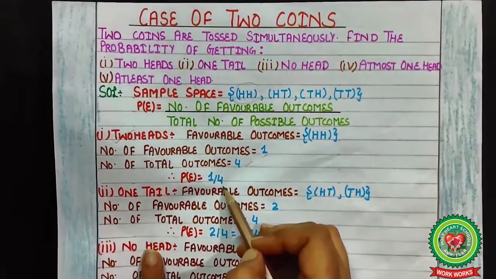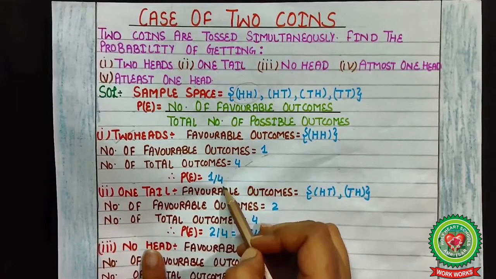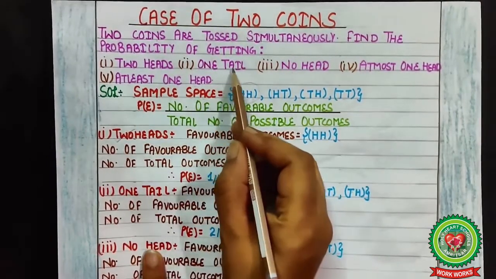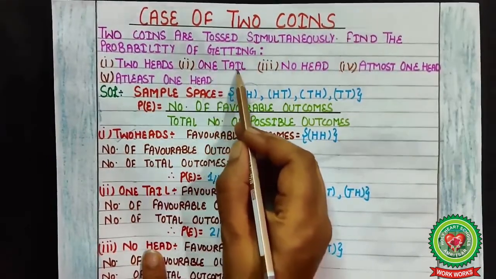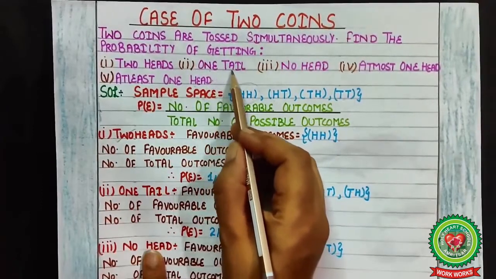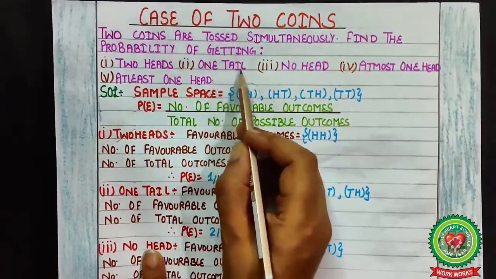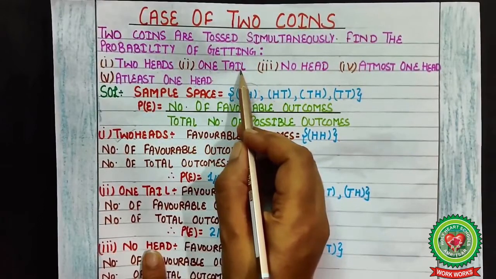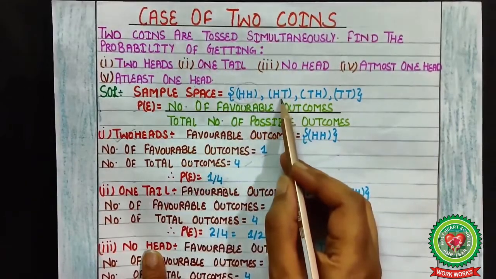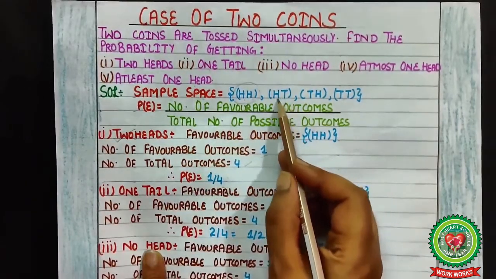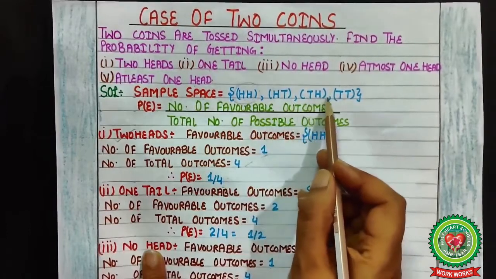Now this was the first part. Now the next part, 1 tail. Students, we have to solve the sum for 1 tail. See from the sample space which are the cases in which there is only 1 tail. So this one, HT and TH.